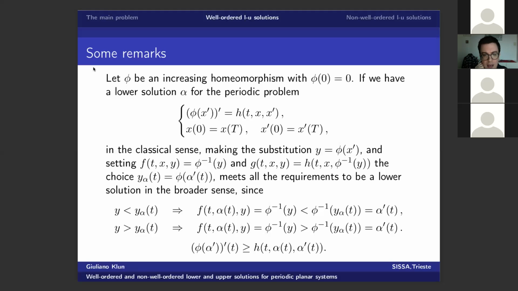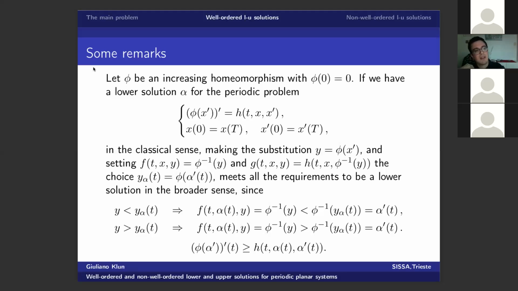And here, if we choose y alpha to be phi of alpha prime, this meets all the requirements to be a lower solution in the broader sense we have defined before, because this chain of inequalities holds for f with respect to alpha prime, but not only, also of phi of alpha prime with respect to h.